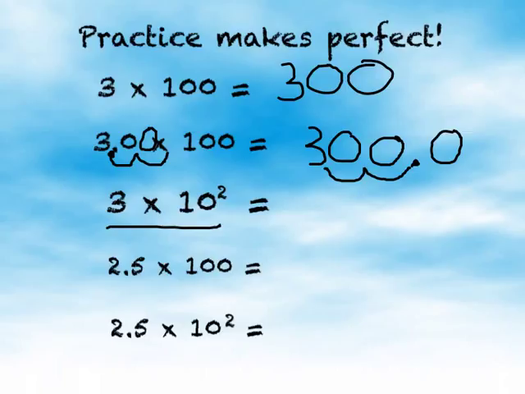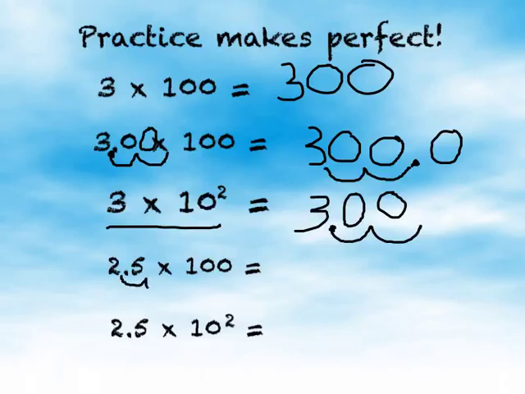This is the same way to write 3 times 100, 10 to the second power. We know that we have 3. Then we need to move that decimal place 2 times because we need to add 2 place values. 300. 2.5 times 100, we would also move the decimal place to the right 2 times and fill it in with zeros.